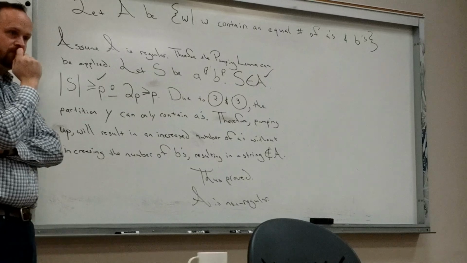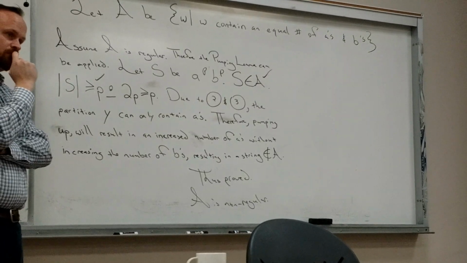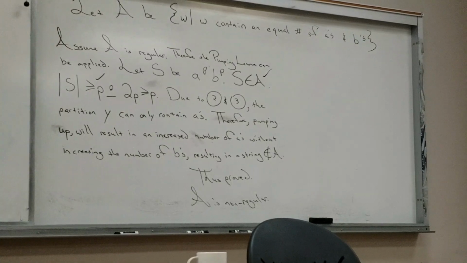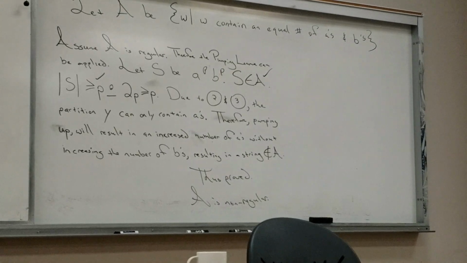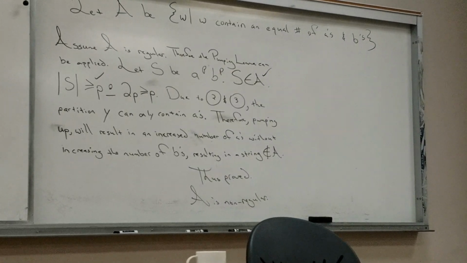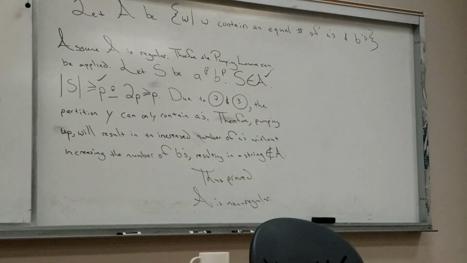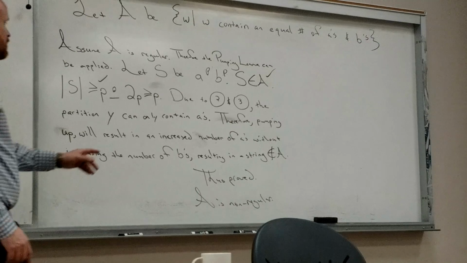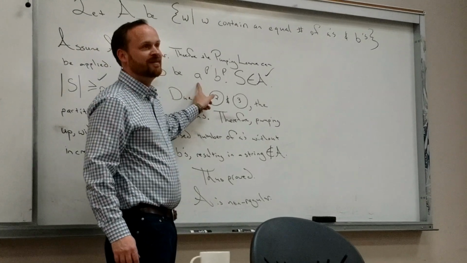The DFA requires a loop, right? There has to be a loop somewhere. That's actually the theory behind how the pumping lemma works. But the pumping lemma says this. If the language A is regular, then for any string S that I pick that is longer than P and is in the language, I'm going to choose this one: A to the P, B to the P. Why?